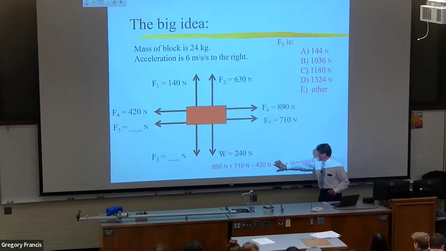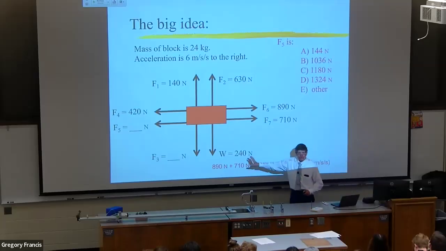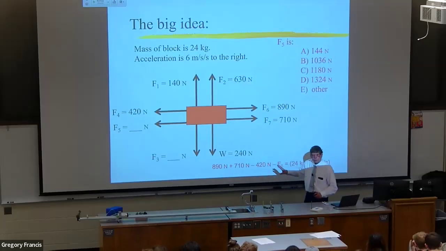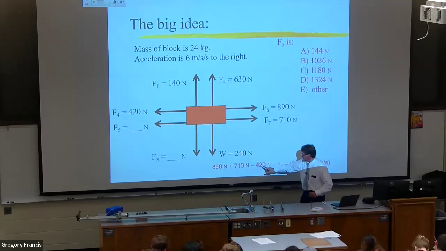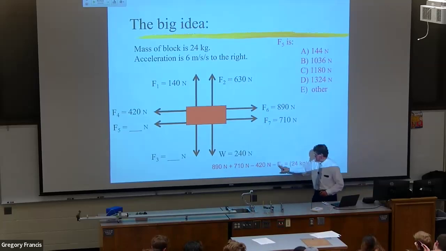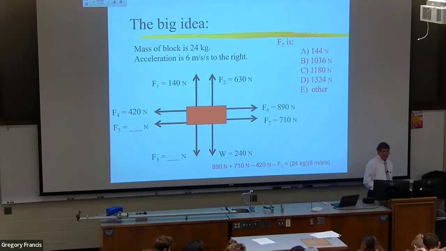Now F net is equal to M times A. The mass in kilograms, the acceleration in meters per second squared. F net, I just add up all the forces in the X direction, but I add them as vectors. 890 is to the right, so it's positive. 710 to the right, so it's positive. 420 is to the left, so it's negative. F5 is to the left, so it's negative. And when I solve that for F5, I get 1036.